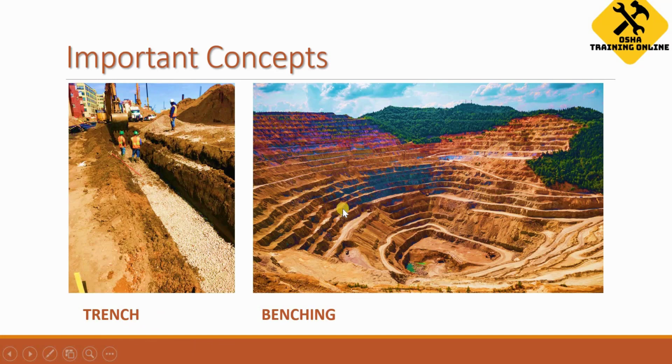You can see the steps here. These steps make it easy for egress and coming into the excavation. A worker will easily come down and come up. So these steps are called benching in safety. This is a benching excavation and this is a trench excavation.